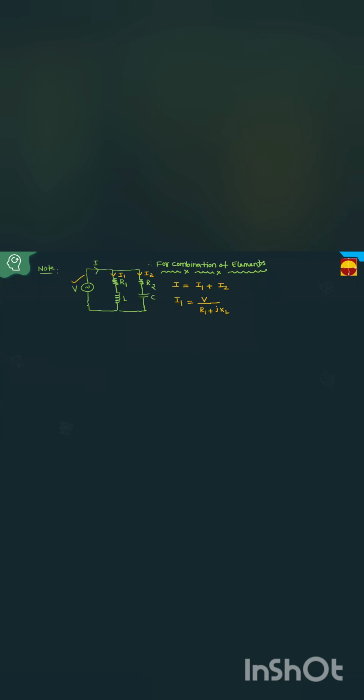This is the impedance, which we take as Z1. This Z1 equals R1 plus jXL. And this is Z2.